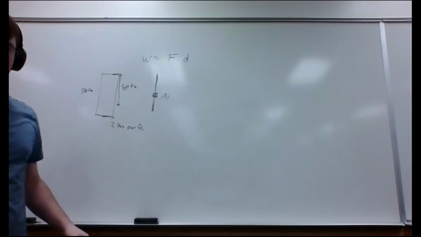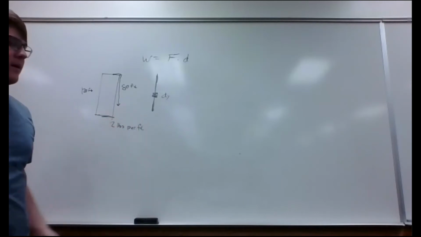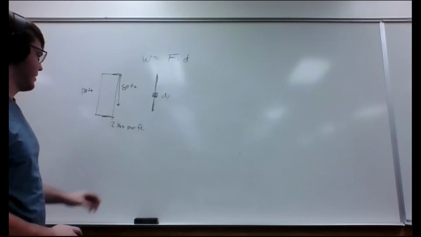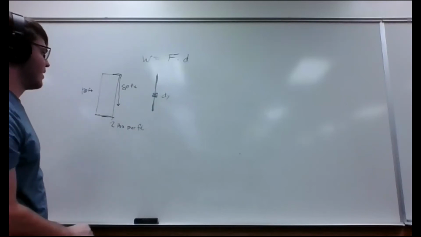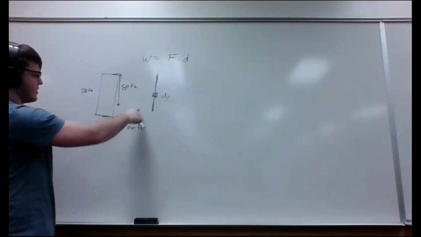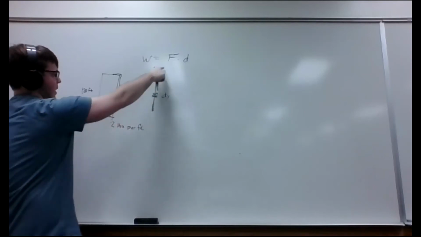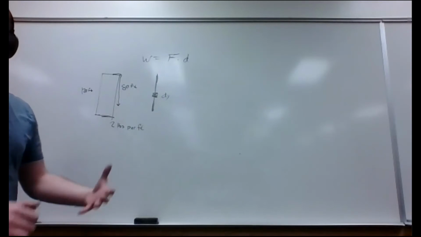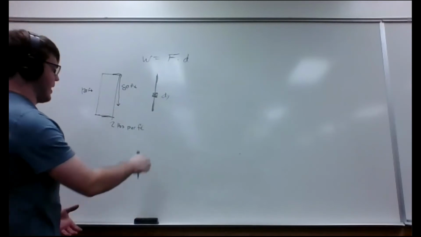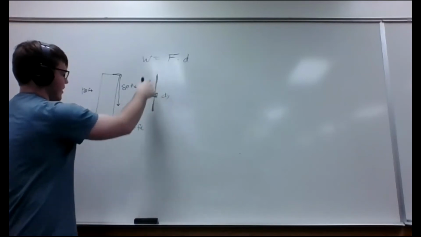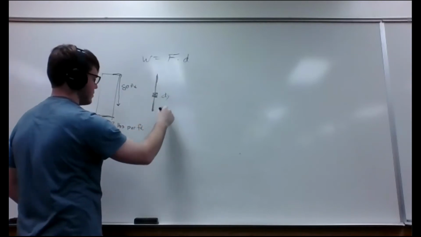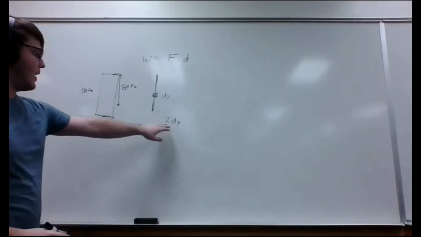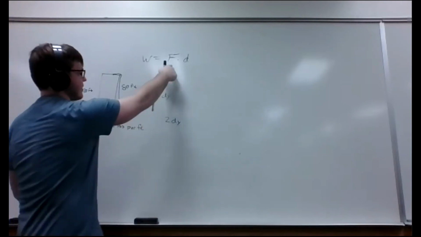It's going to weigh 2 pounds. Well, if this dy is 3 feet, it's going to weigh 6 pounds, and so on and so forth. So if we wanted to write an equation, the force of something is basically how much something weighs. And so we can say our force is going to be 2 times whatever our dy is. And so that's our first part.